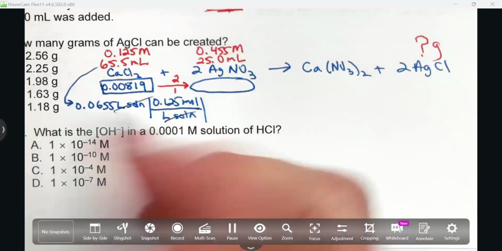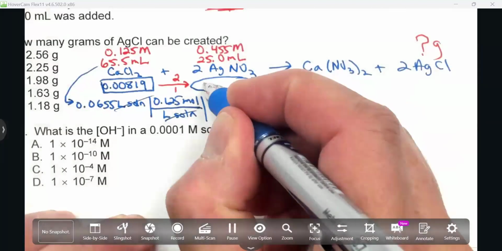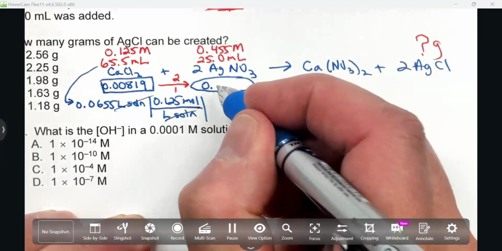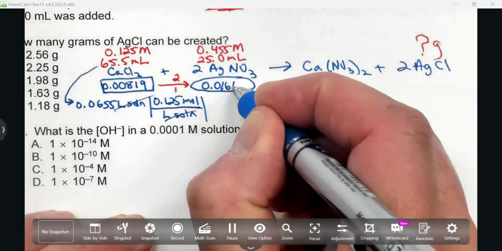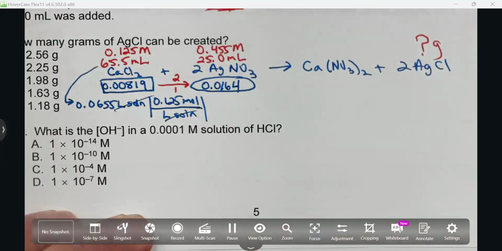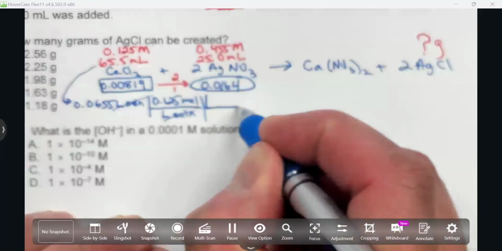It's a 2-to-1 ratio. So we're going to multiply that by 2. We need 0.0164. I kept all my numbers in my calculator, so that's why I got that. So it's a 2-to-1 ratio. So the question is, how many moles of this do we have?